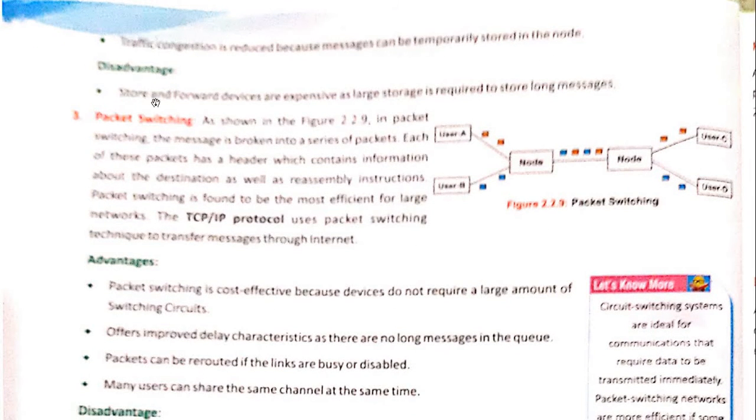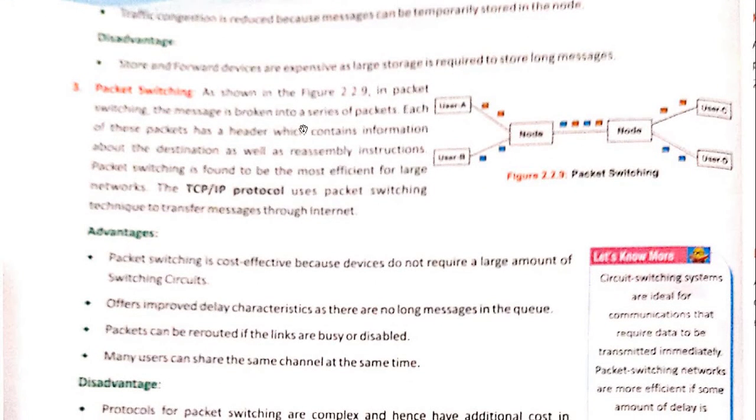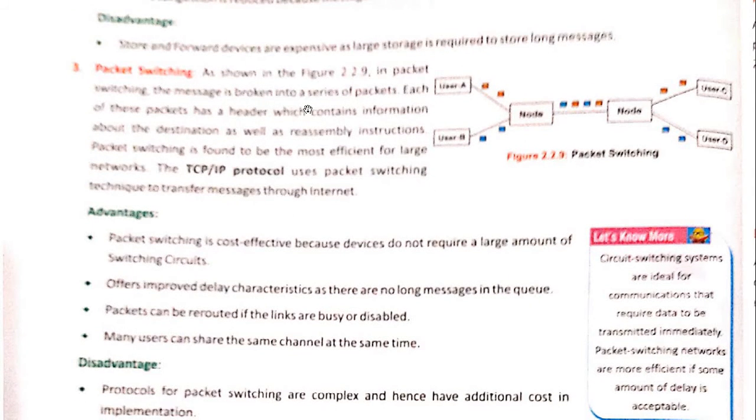And what are the disadvantages? The disadvantage is that storage and forward devices are expensive, as larger storage is required to store long messages. So every time a message comes, it gets stored on each node. For storing a large amount of data, storage is required, and it becomes very expensive.